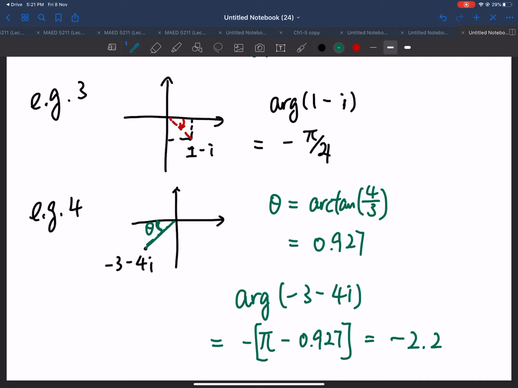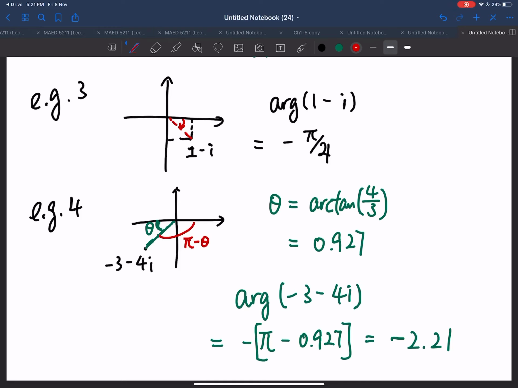So you always take negative there. If it goes down, it's always negative. So if the value is below the x-axis, it's always negative. So here the angle is pi minus theta, but the argument is a negative value, okay?